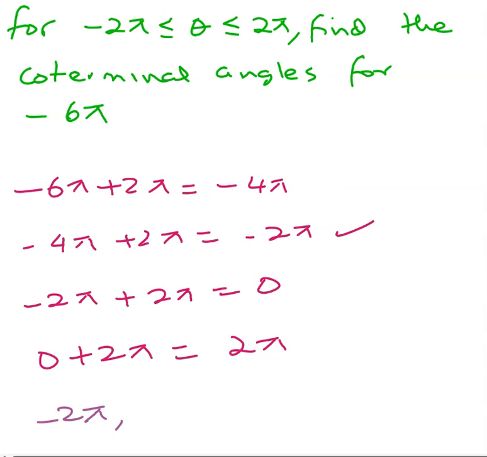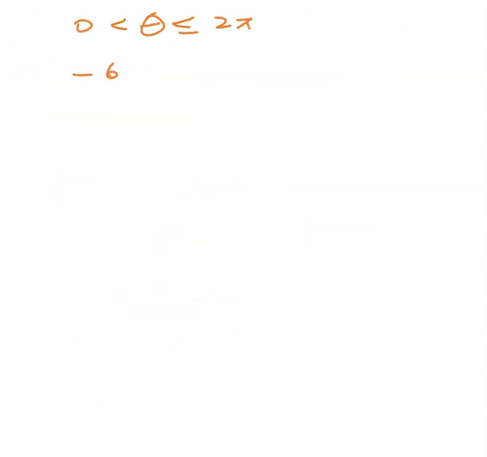Now let's do one final example. We want to find the coterminal angle, and our theta is going to be from 0 to 2 pi. We want to find the coterminal angle for -6 pi over 11.